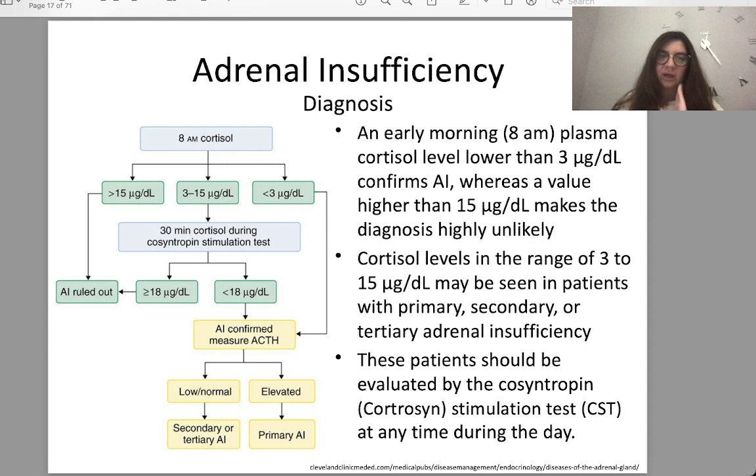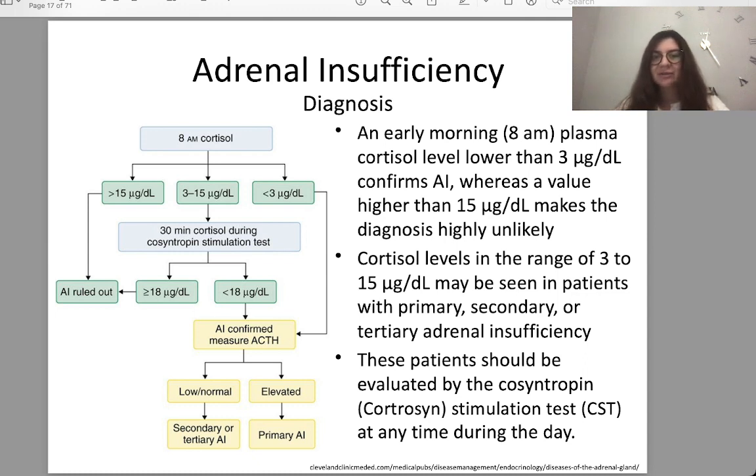First step, for it we use an early morning plasma cortisol level. If it is lower than 3 mg per deciliter, it confirms adrenal insufficiency. Whereas a value higher than 15 makes the diagnosis highly unlikely.